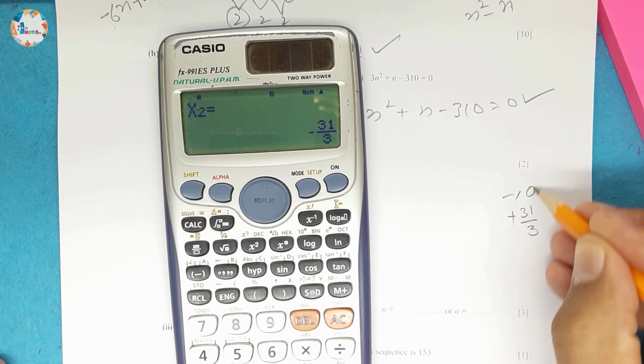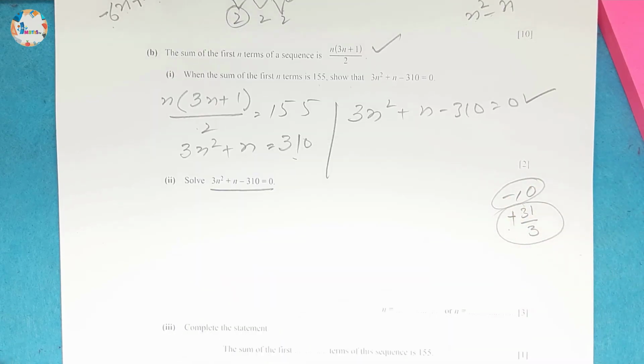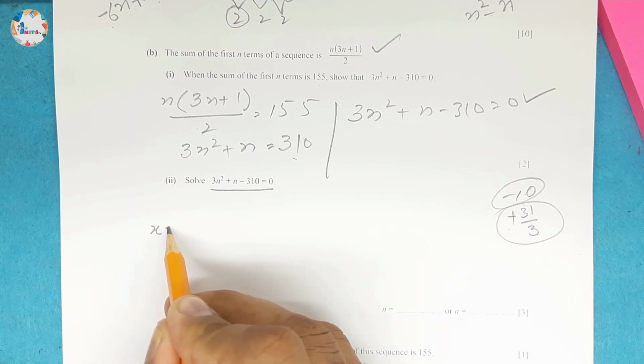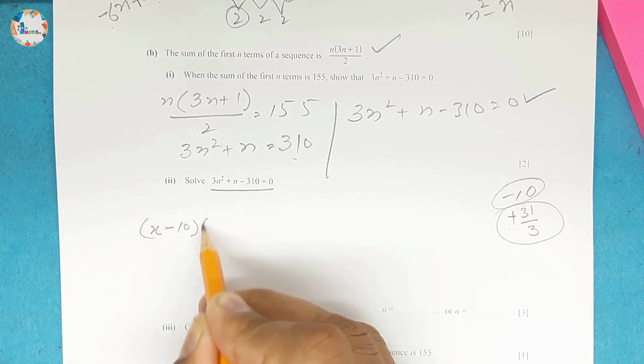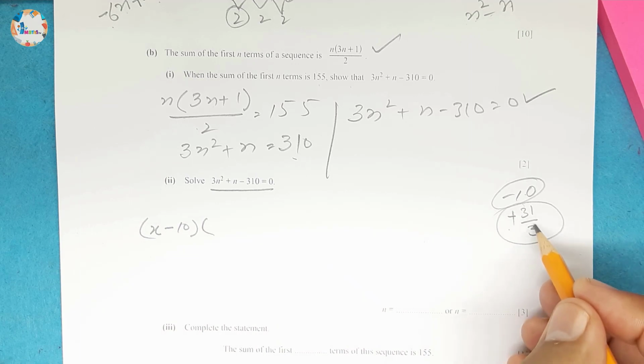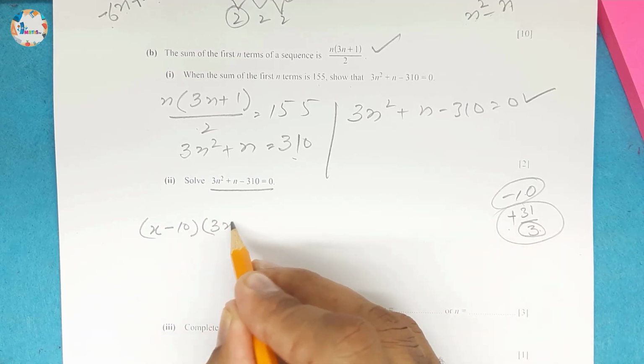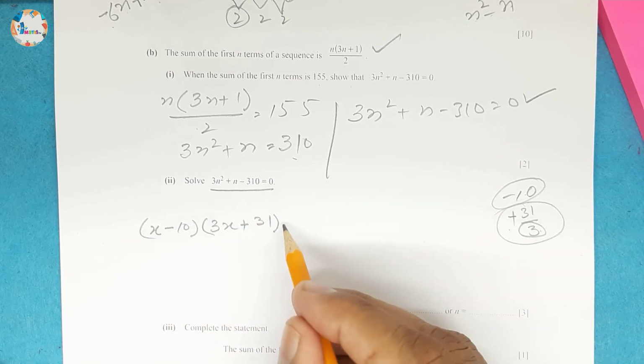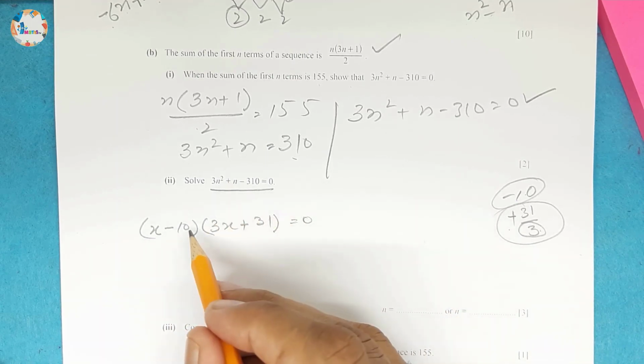So we will change sign and use these values, and we can write here x minus 10, and the second value we will write with x, so 3x plus 31. This will be equal to 0. This will be the factors of this.